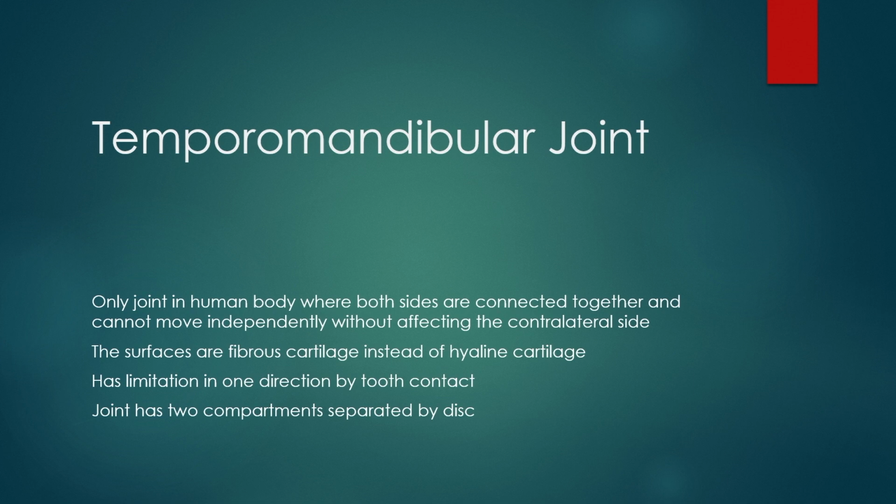So that's a difference. Of course, it's fibrous cartilage instead of hyaline cartilage, and it's limited in one direction by tooth contact, so you can't hyperextend in the closed direction. And then the two compartments are made by what's underneath that disc and what's above the disc, okay?